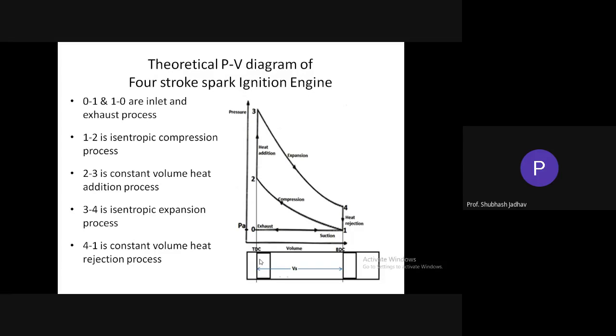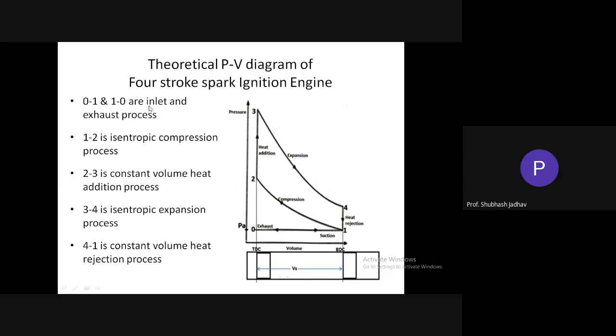Expansion is also called the power stroke. So: suction, compression, expansion or power, and exhaust. These are the 4 processes, and when they happen, our cycle is going to get completed. So we should understand how this cycle happens and how we get this PV diagram. 0 to 1 and 1 to 0 are inlet and exhaust.